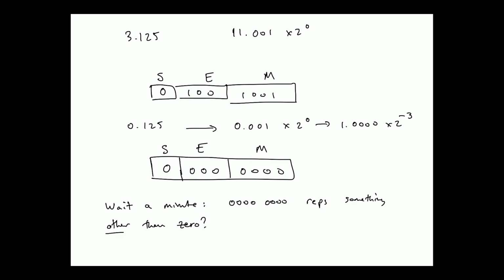So we've got a problem. Would it be a good thing to be able to represent 0? Yeah? Well, if anything ought to represent 0, wouldn't this be the logical choice? All zeros? But according to what we just did, it also ought to represent 0.125. Well, it can't represent both, right? That doesn't fly. So which do you think all zeros represents? 0 or 0.125? Which one should we choose?